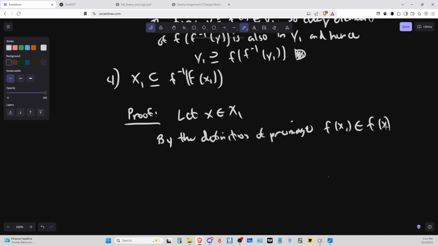Funny enough, this was valid for the other inclusion when f is injective. Oh yeah, because it's that, right? I forgot. Yeah, it's reverse.